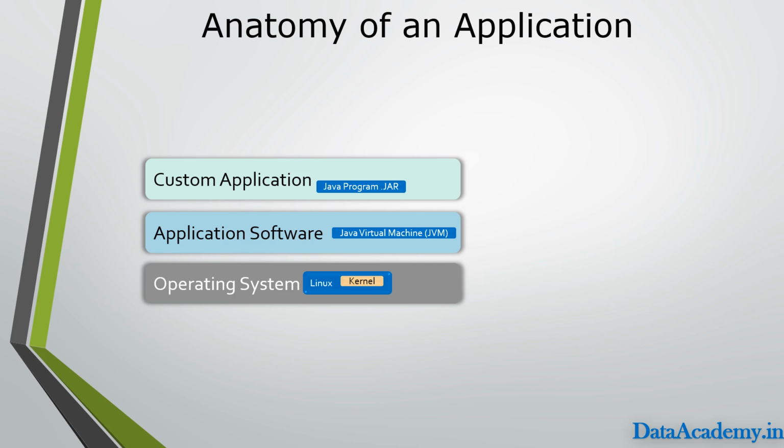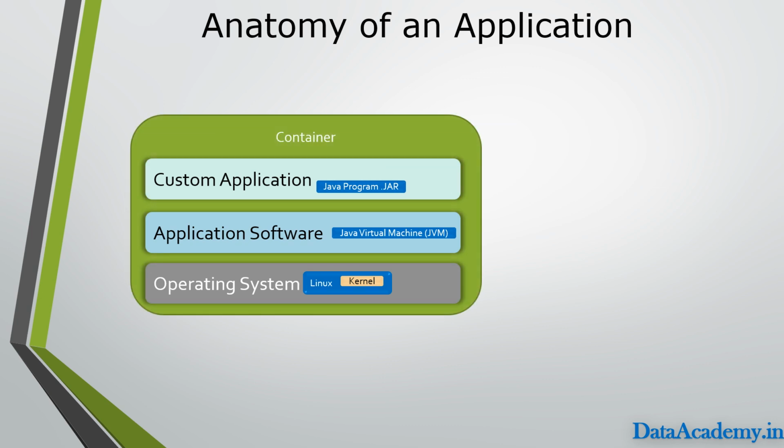The most basic engine or basic driver of Linux. Then in this example, we just have the Java virtual machine that is required to execute any Java programs. And then we have the custom application that we developed, which is a jar file. If you look at it, this is a very lightweight packaging of the software called a container.